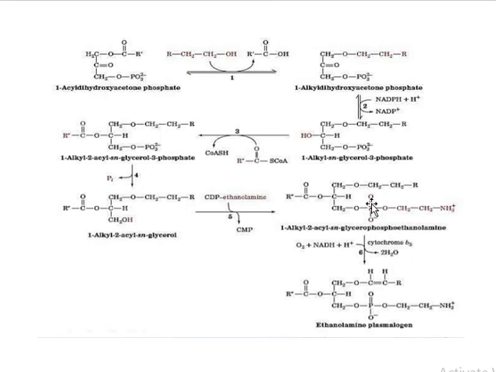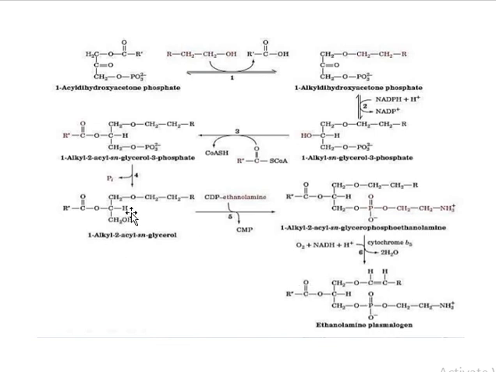Then the alkyl group present at the first carbon is desaturated by the enzyme desaturase cytochrome B5. So finally the 1-alkenyl 2-acyl glycerol 3-phosphoethanolamine is synthesized, which is the plasmalogen.